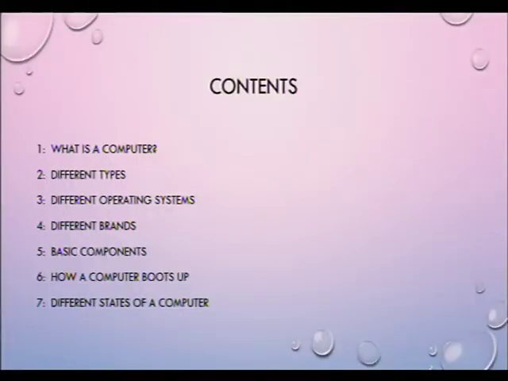Those are the components of a computer. You also need to understand how the computer boots up, and at what stage a computer should boot up. In the process of a computer crash, you need to know how to boot up a computer.